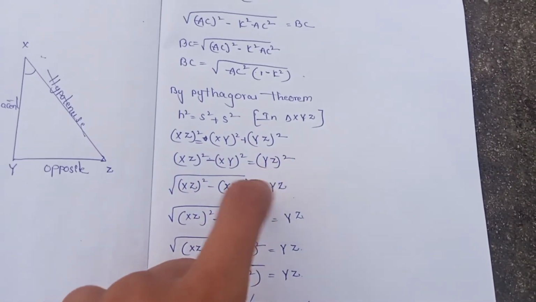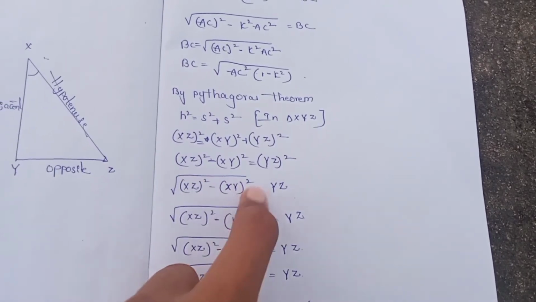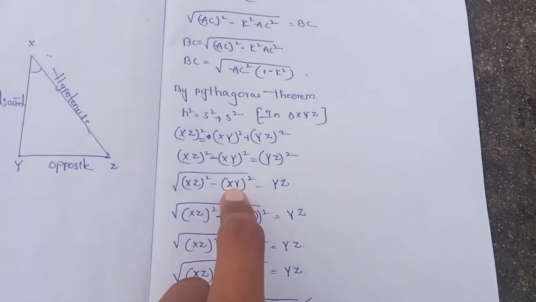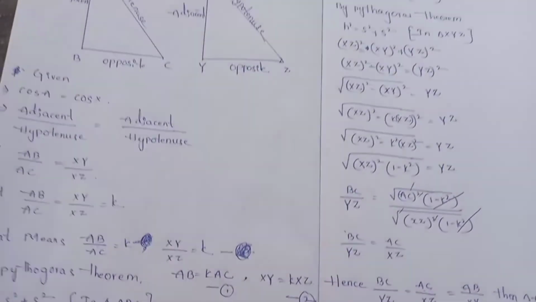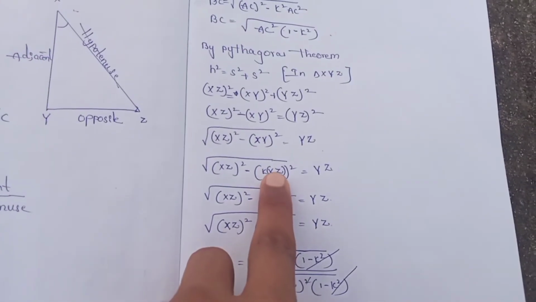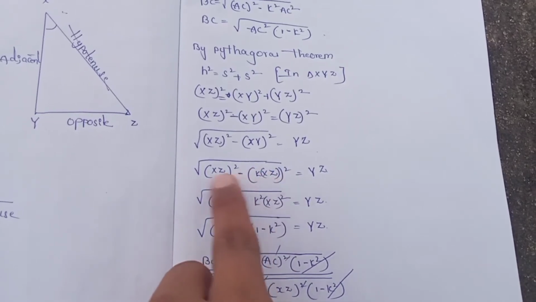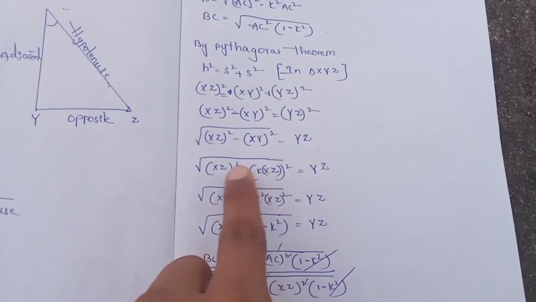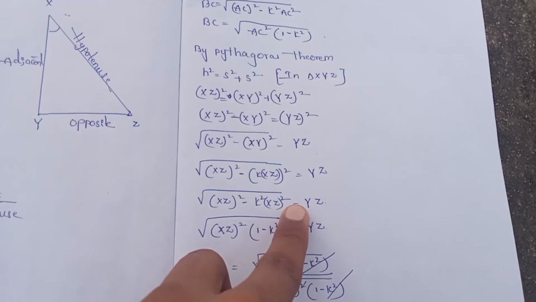The square goes to the LHS and becomes a root term. Next, XY can be written as KXZ. We take XZ common here, so that is why I have written it like this.